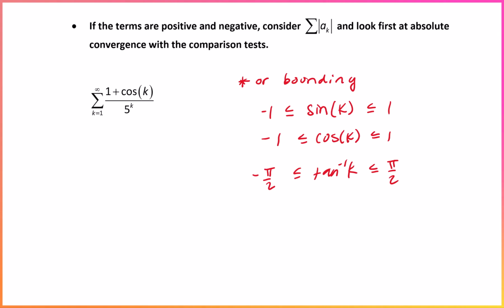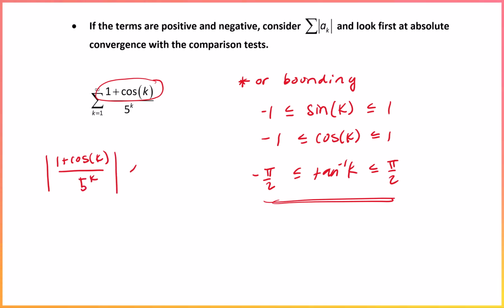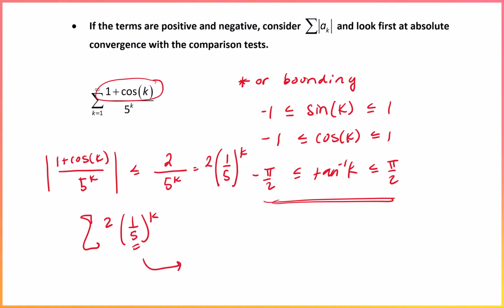So if we have bounding, like on this particular one, I look at this and I think, okay, well, in absolute value, 1 plus cosine of k over 5 to the k has to be less than or equal to 2 over 5 to the k, which is 2 times 1/5 to the k. And the series 2 times 1/5 to the k is a geometric series where r equals 1/5.